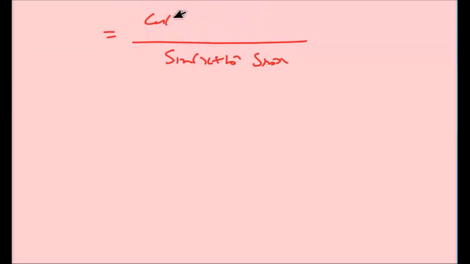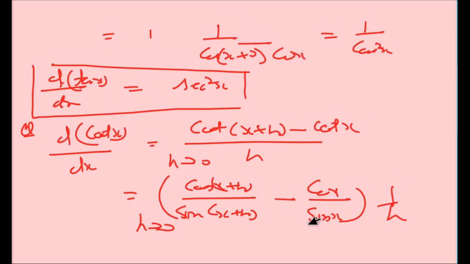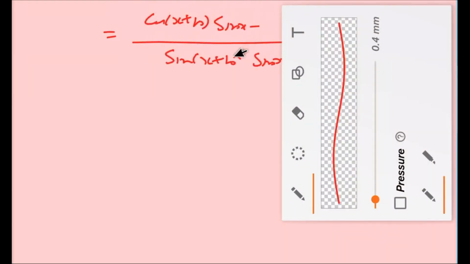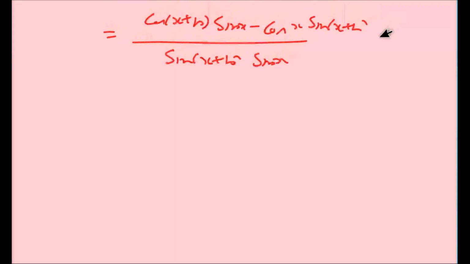Now taking the LCM here: sin(x plus h) sin x, cos(x plus h) into sin x minus cos x into sin(x plus h), into 1 upon h, h tends towards 0.